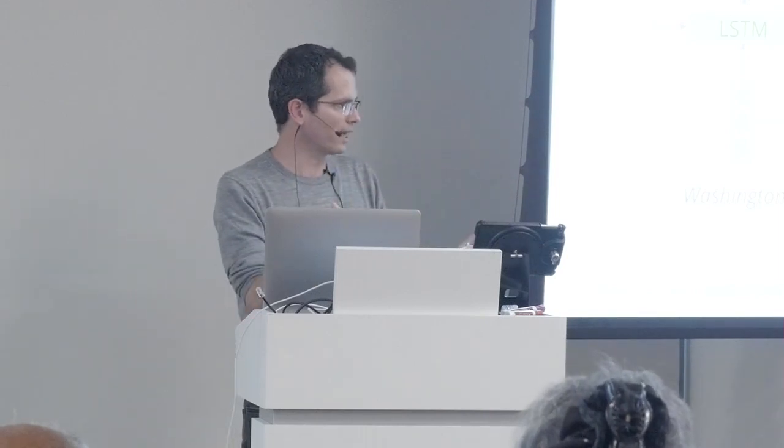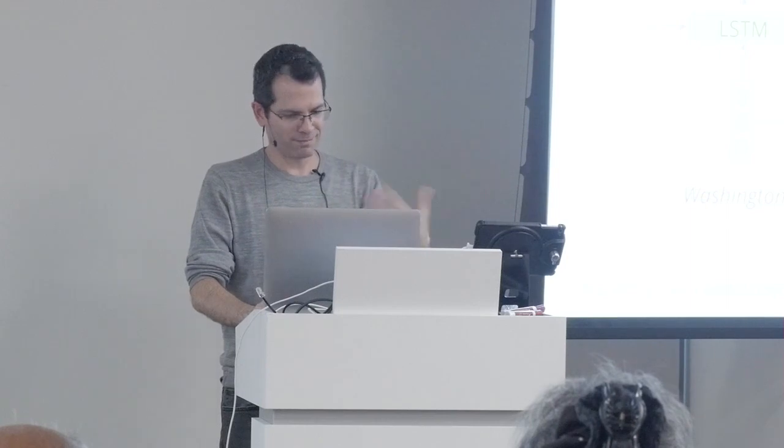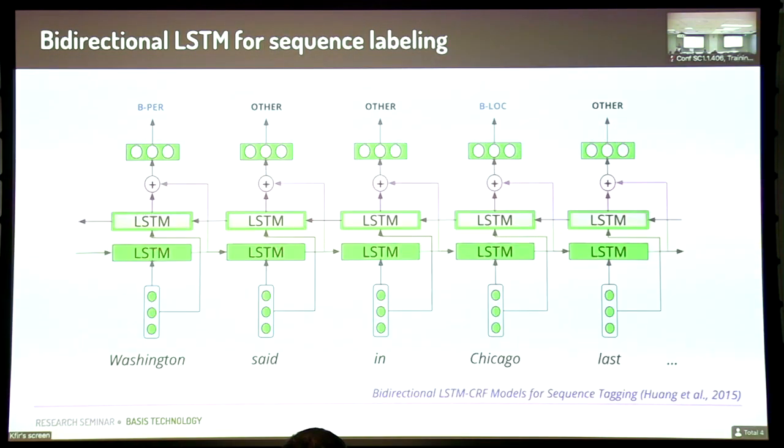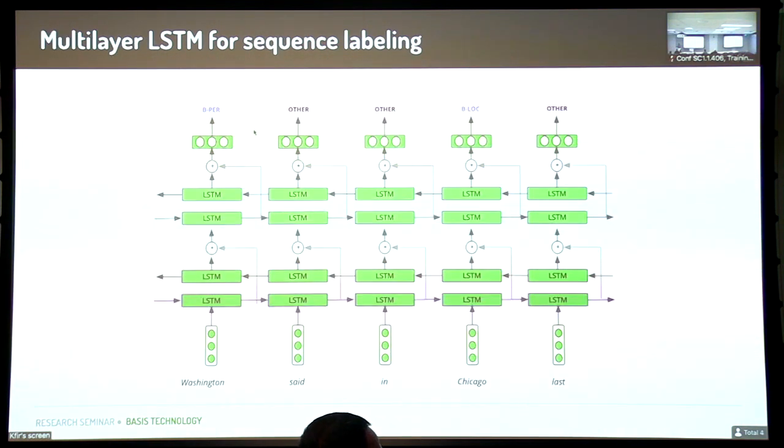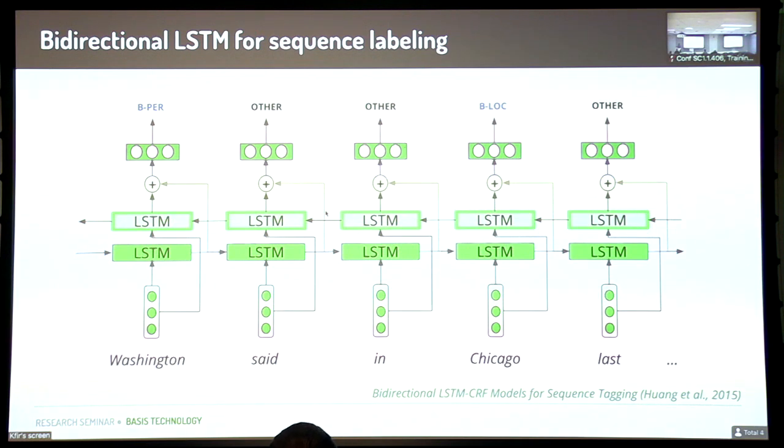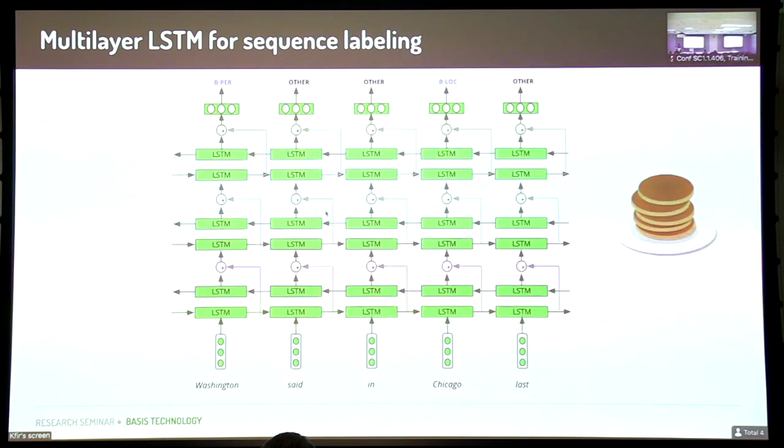That's very effective. It works pretty well. And now we're going to add some more fancy features to this network. But first, you can take this vector here, and instead of sending it to this output layer to do the prediction, you can send it to another bi-LSTM layer, and another one, as many as you like.